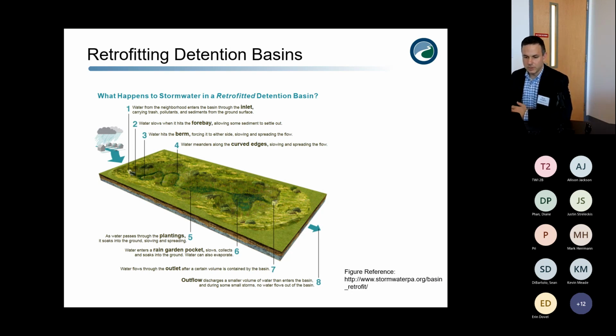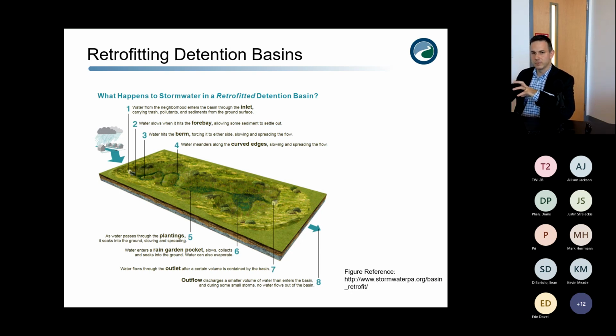It's things like getting rid of that concrete low flow channel, right? Replacing it with a stone trench where water can sit and infiltrate, give it a chance to infiltrate. You might be putting in a forebay at the inlets to let sediment settle out before it gets into the larger system.